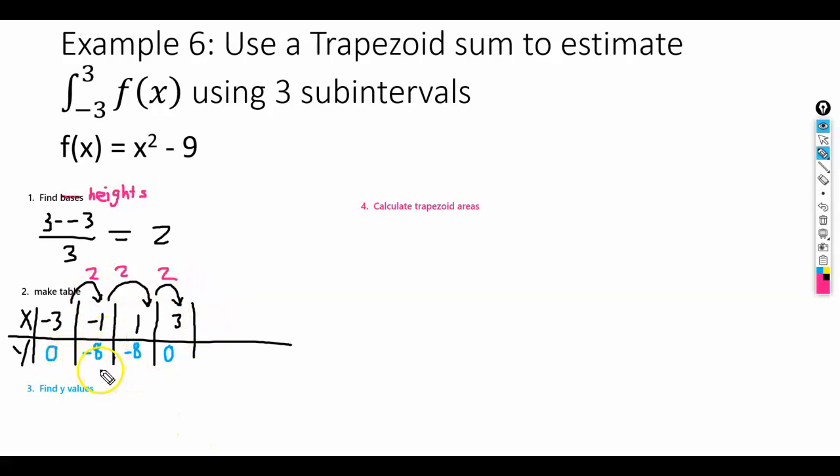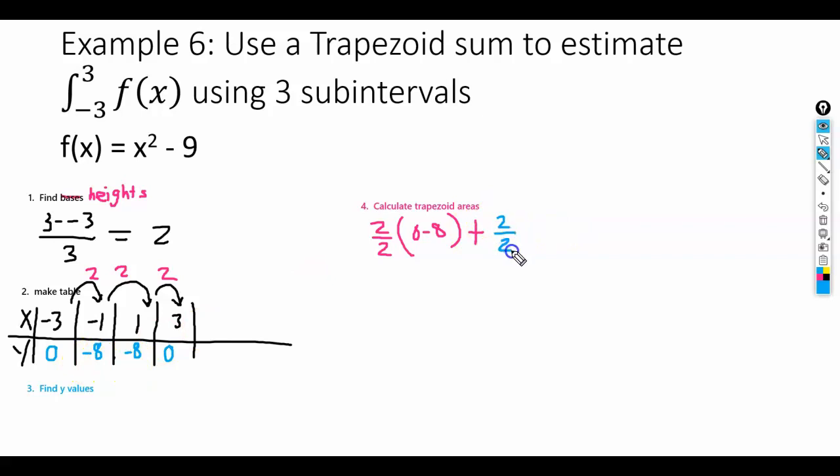So for my first trapezoid, my height is 2. We're going to cut that in half. Then we're going to do our two bases, which the first two y values are 0 and -8. Plus, and then we do the next one. Then we have the next height is 2, and the next two bases are -8 and -8.